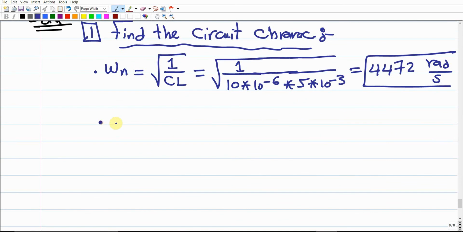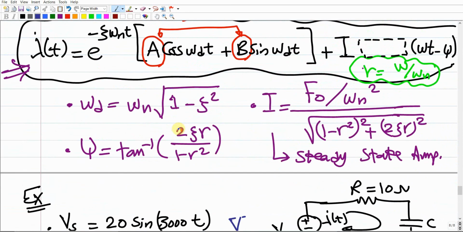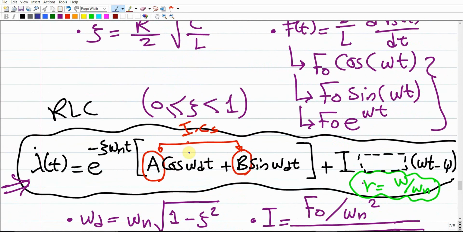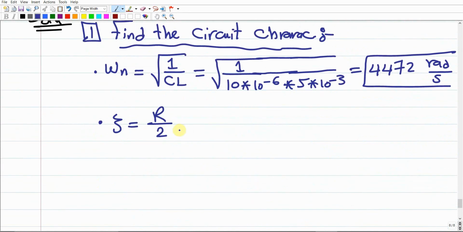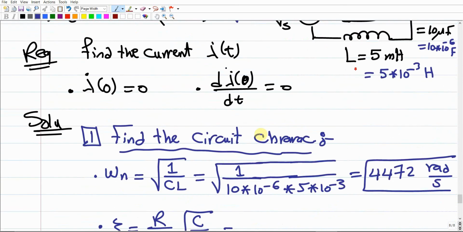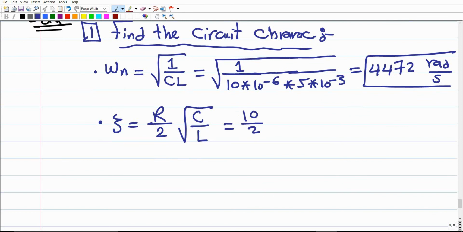Once we find the natural frequency, we can simply calculate xi. What is the equation for xi? Xi, as we mentioned, should be R over 2 times the square root of C over L. So if we do the calculation, R is given as 10 ohms, so it should be 10 divided by 2 times the square root of 10 times 10 to the negative 6, which is C, divided by L, which is 5 times 10 to the negative 3.